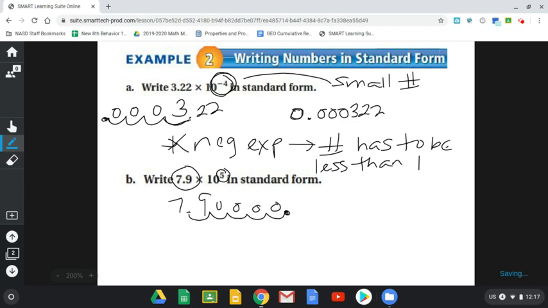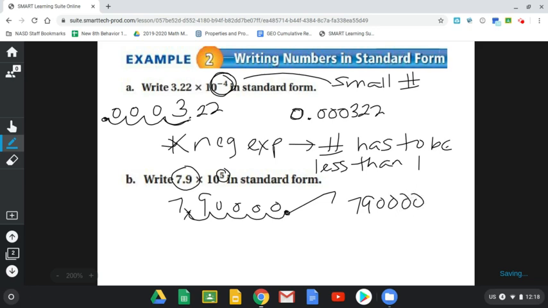And then, of course, again, I'm going to rewrite this number so that it's neat and we don't have all these little lines mixed in with our number. Remember, this exponent up here is no longer there anymore. We moved it all the way to the right. So it's just going to be 7, 9, 0, 0, 0, 0.